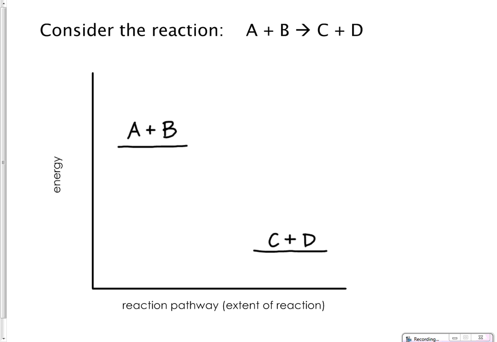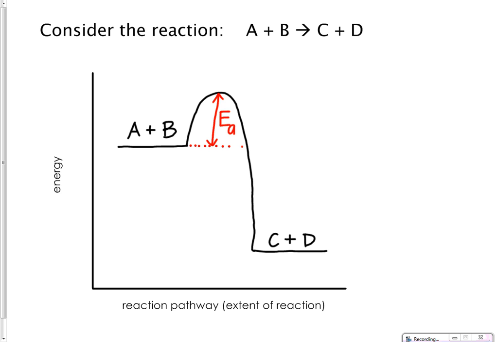Okay? Now, what we are saying is in order for A plus B to turn into C plus D, we have to give it some minimum amount of energy. We have to get it to a point where then it will automatically react. Now, if we look at some things going on in this reaction, the amount of energy we gave this, from the reactants to the top of this peak, is called the activation energy.